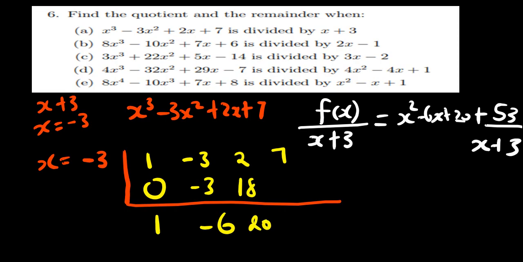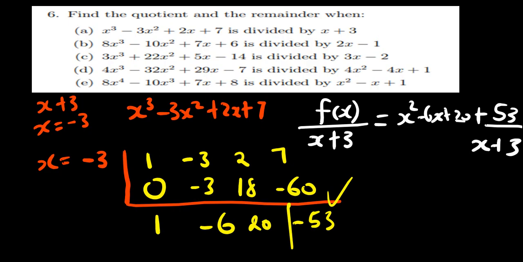Negative 3 multiplied by 20 is a negative 60. 7 minus 60 gives me a negative 53. So you're able to see that this will be a remainder.